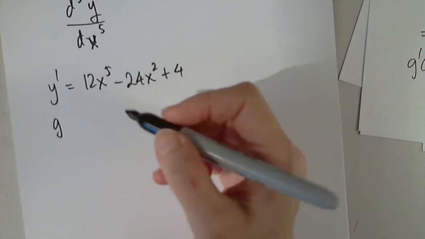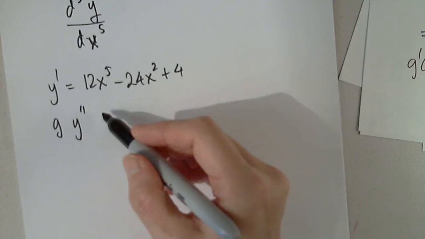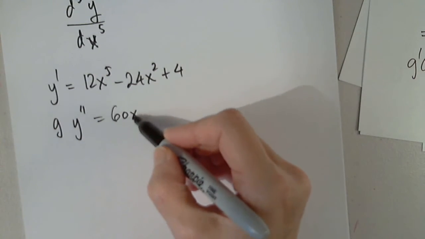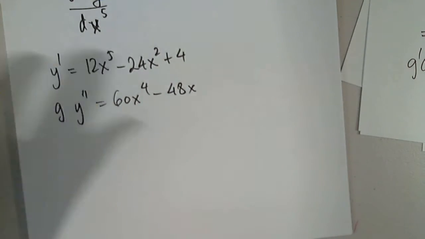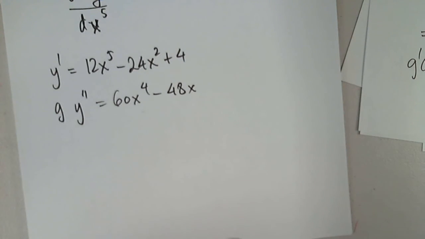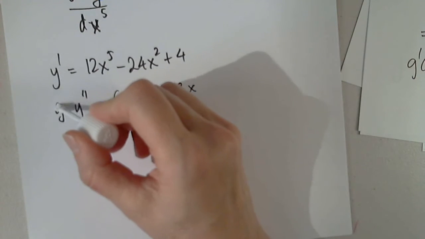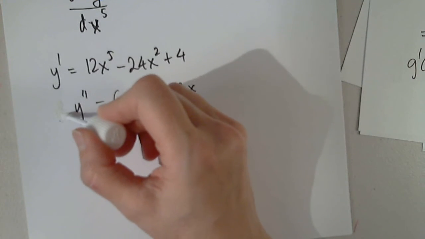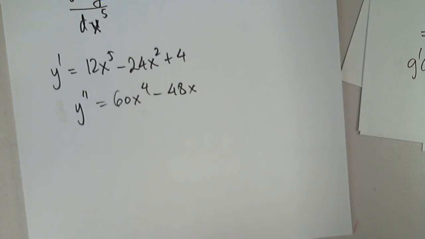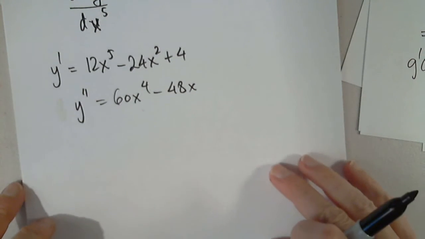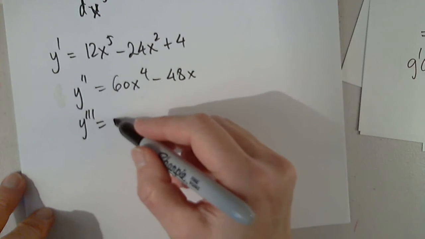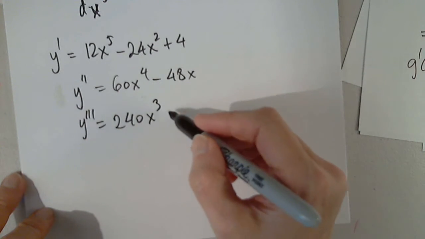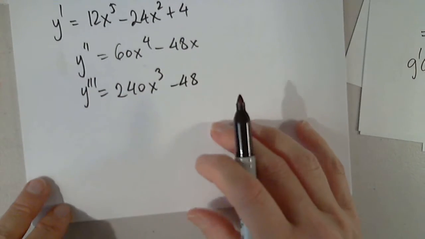The second derivative will be 60x to the 4th minus 48x. The third derivative will be 240x to the third minus 48.